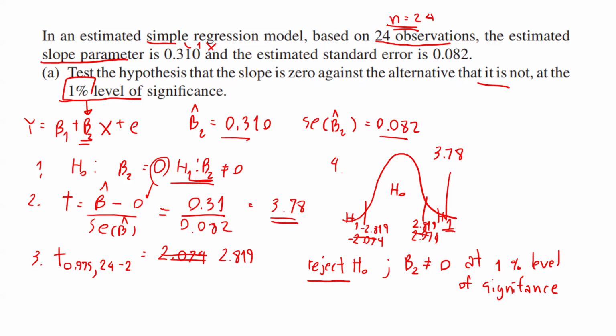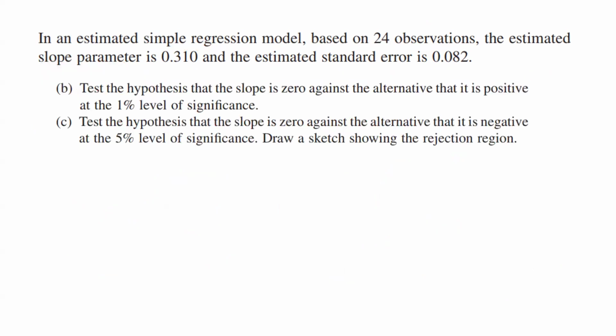So second question, similar, but instead of testing zero against not zero, they would like to test against the alternative that it is positive, whether beta is greater than zero or not. So first step, instead of beta not equal, it becomes beta greater than zero.